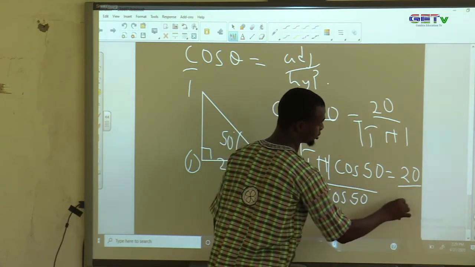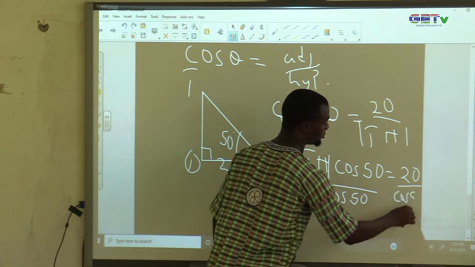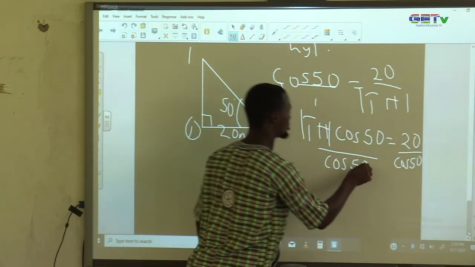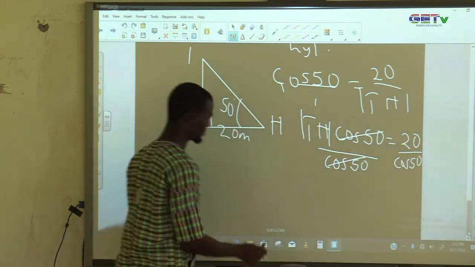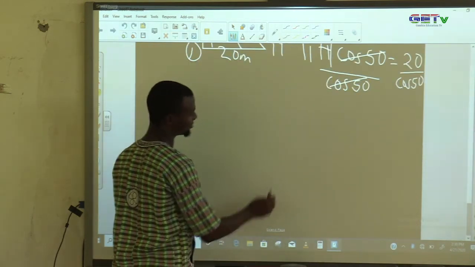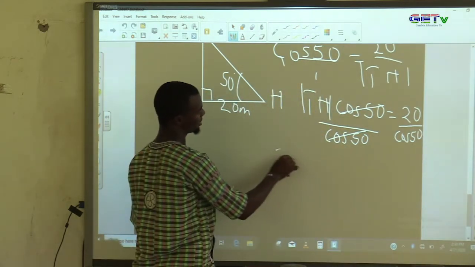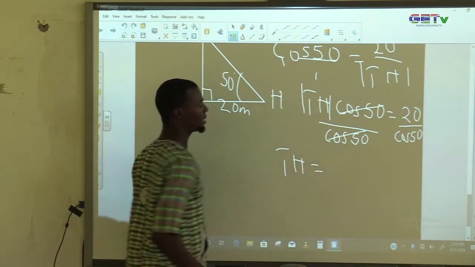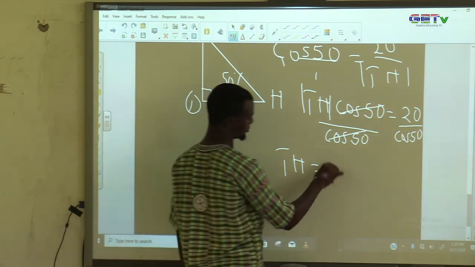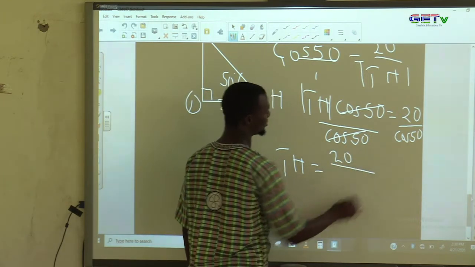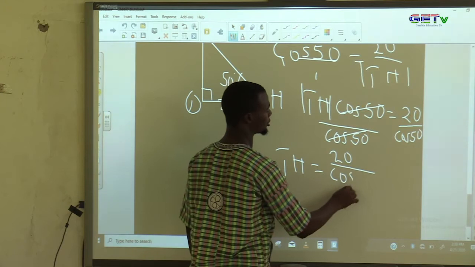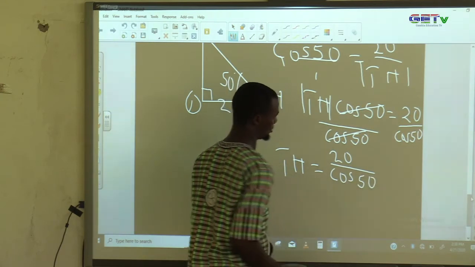And divide here also by cos 50. You realize cos 50 will cancel cos 50. So what do we have? TH is equal to 20 over cos 50.